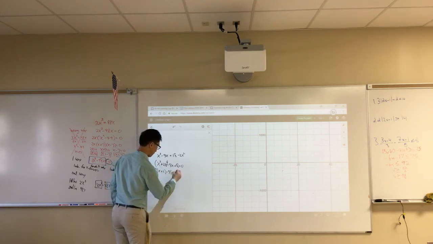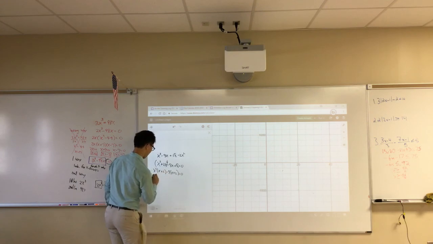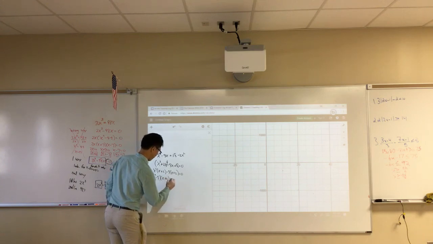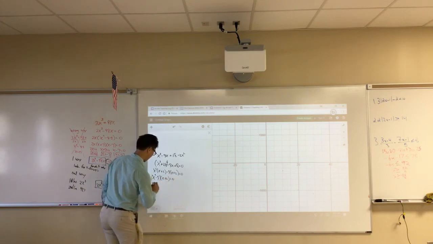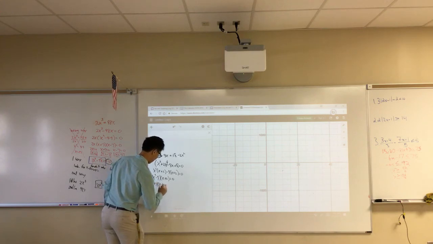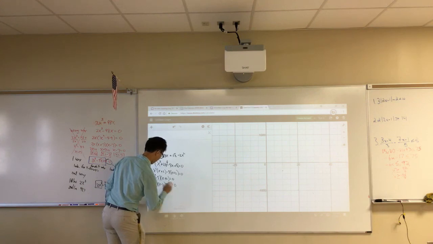And then you set them all, so x plus 2 equals 0. You can't combine them, they don't have the same exponent. So you have to group them. What's the greatest one?